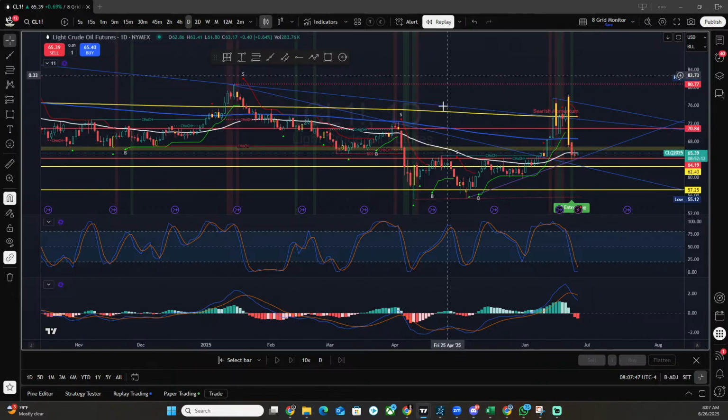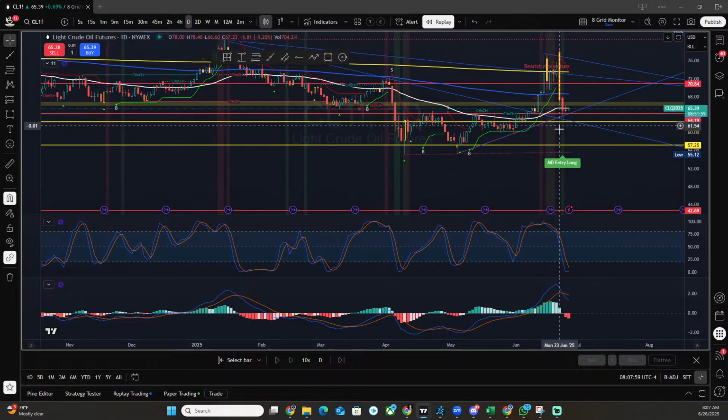But the problem that I have with this is that it looks like it wants to get higher, but this rejection lets me know that there's a lot of sellers somewhere around here. So look for oil to try to test. If it breaks this level right here, this is going to make things very interesting. We may consolidate even more. But this inverse head and shoulders, that whole move is over.